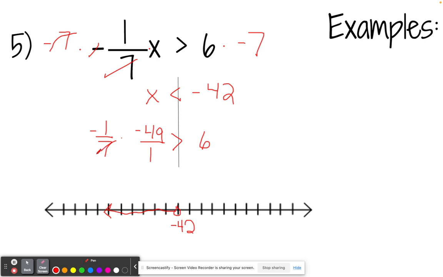Simplify before you multiply. This will become a 1. This will become a negative 7. Now I have negative 1 times negative 7. That's a positive 7. 1 times 1 is 1, so it's just positive 7. Is that greater than 6? Yeah, it is. So my numbers to the left of negative 42, or less than negative 42, will make this a true statement.